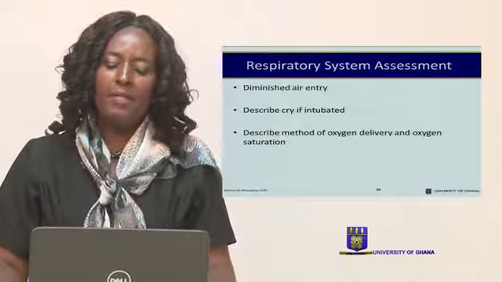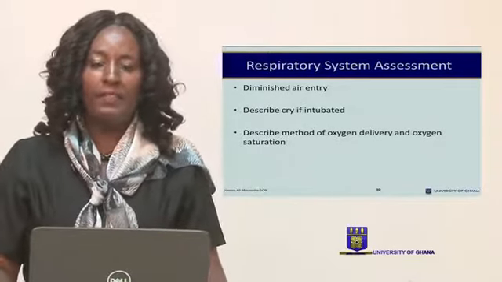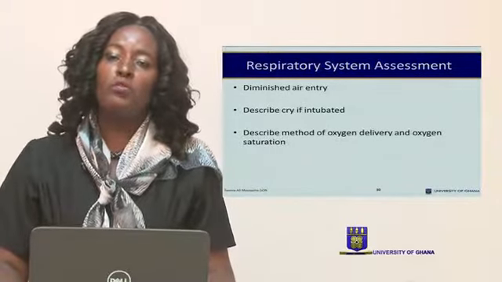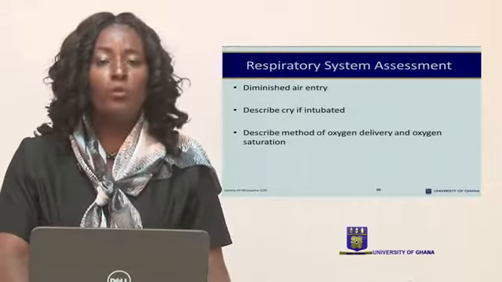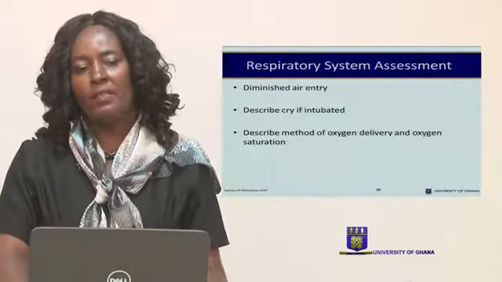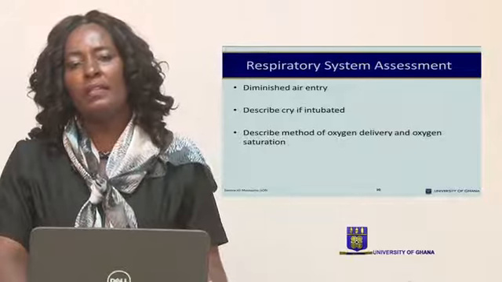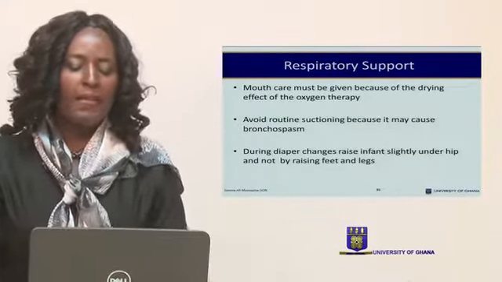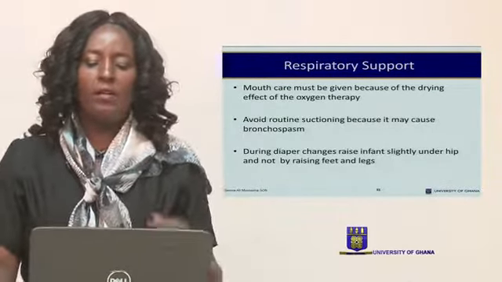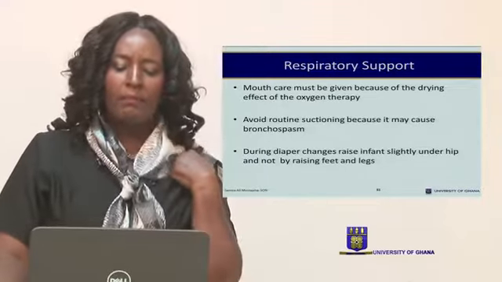And then describe the method of oxygen that we are giving, and you must also do pulse oximetry to note the saturation, so that if the baby is doing well, it can be weaned off.